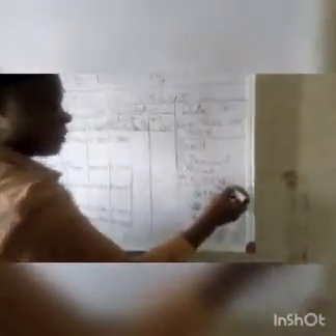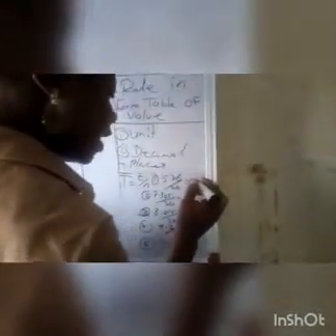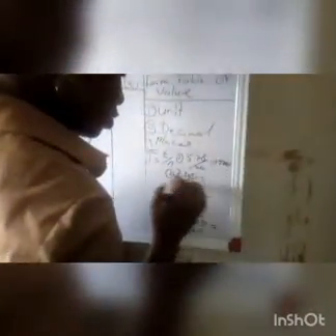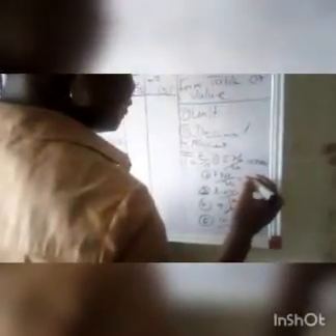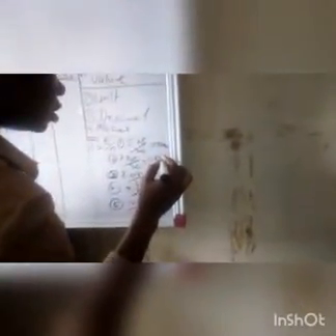Now let's go. 5.78 divided by 20 is equal to 0.5780. Then 7.305 divided by 20 is equal to 0.7305 approximately.